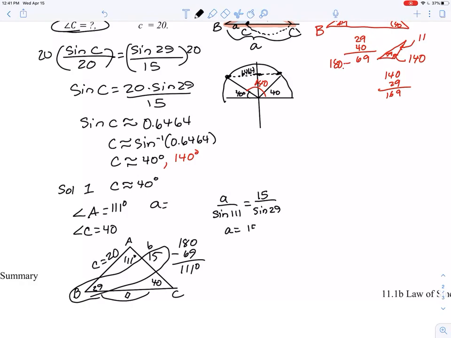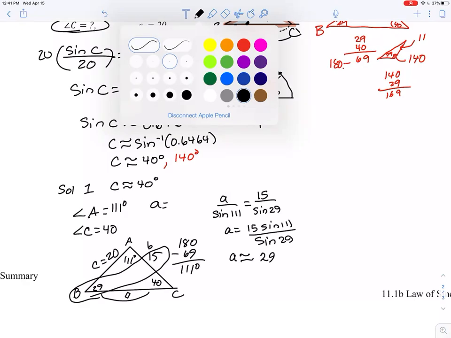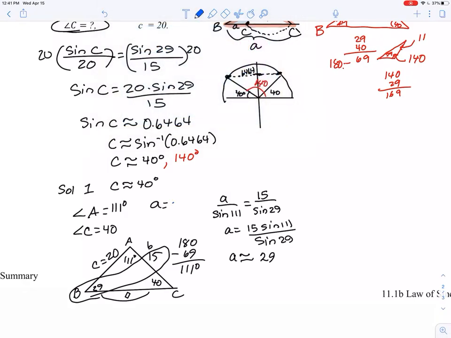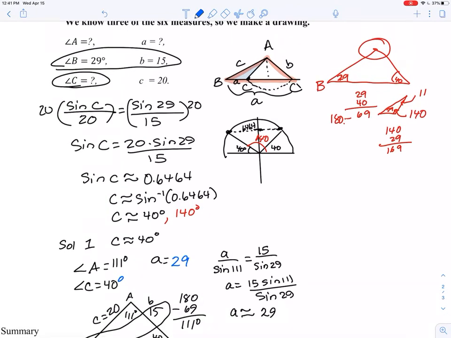So A equals 15 sine 111 over sine of 29, and we plug that into the calculator, and I've already done that, and we get a solution of approximately 29. And so side A is 29. So that would be solution 1 with the missing parts to the given triangle.